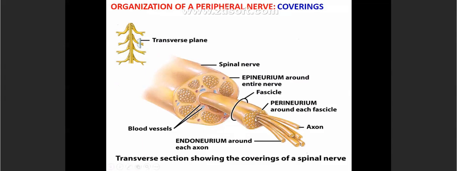Each axon or nerve fiber in turn is protected by endoneurium. Deep to this, you see the myelin sheath covering the axon. And this is the general arrangement of a given spinal nerve.